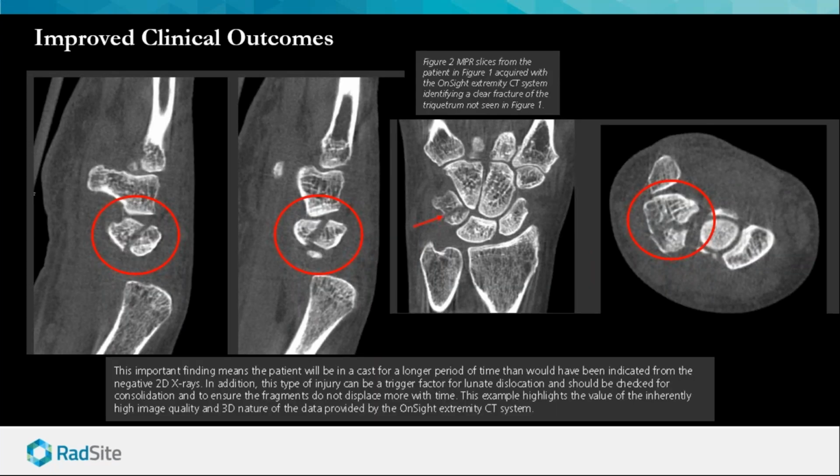Here's the same patient imaged in 3D, and it's clear that there's a fracture of the triquetrum that was not visible in the X-ray. That level of clinical finding has a significant impact for the treatment of the patient. So again, just an example of how these high-resolution 3D scanners can improve over traditional current standard of care 2D imaging.